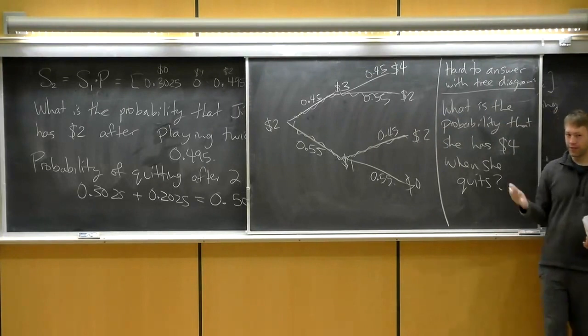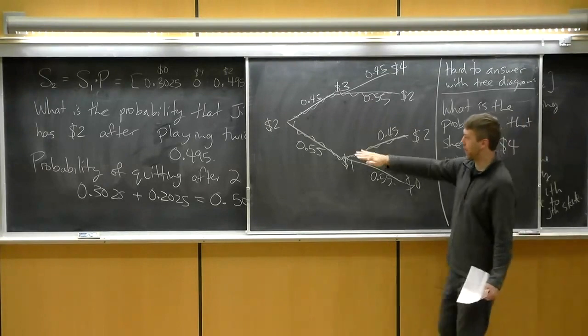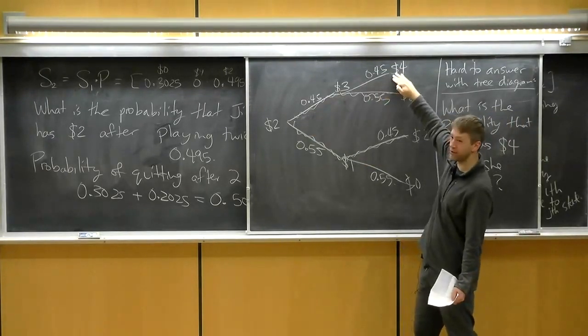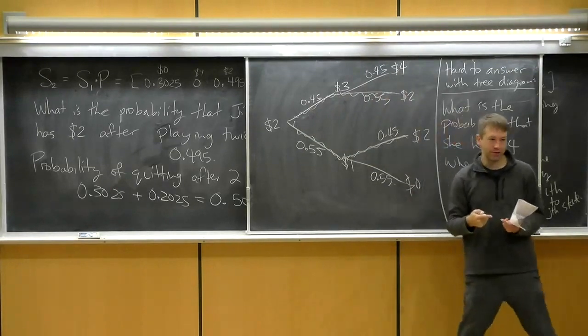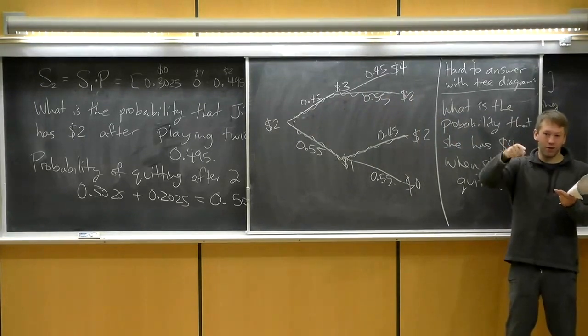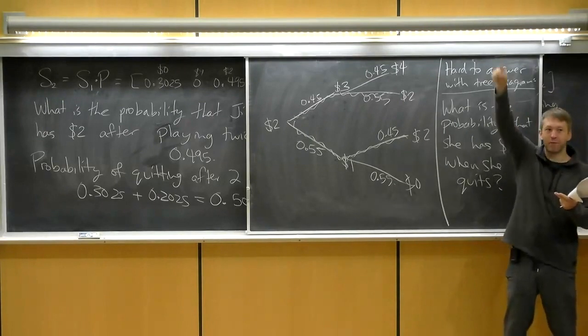The reason this is hard to do with a tree diagram is because the tree diagram would have to be huge. We can compute easily the probability she gets $4 in 2 steps. But she might get $4 after 100 steps, because she might go from $2 down to $1, to $2, $1, $2, back and forth, up to $3.